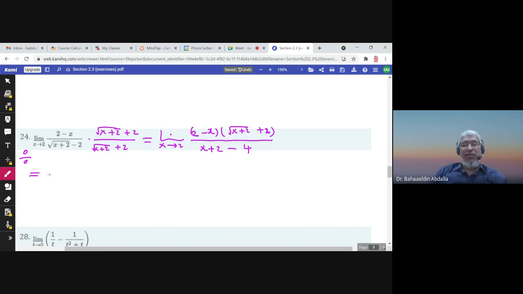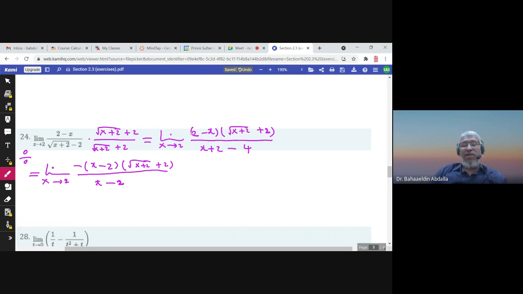So if you want, you can take a negative sign from these two terms. If you take the negative sign from negative x, it would be x. If you take the negative sign from 2, it would be -2, times the square root of x plus 2, plus 2, over x, and 2 minus 4 is -2.